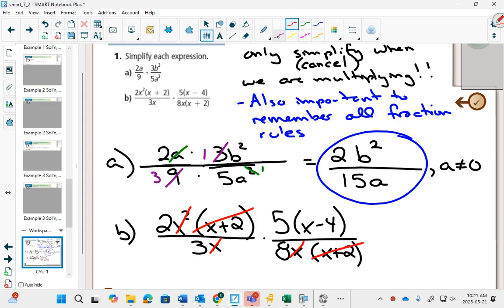Good. Now, what we had started with on the last one was with numbers. Can we simplify any of these numbers? 2 over 3, no. 5 over 8, no. But then if you look across the fractions, do you see that the 2 over the 8 could be reduced? The purple line through that one, 2 over 8 would reduce to 1 over 4.